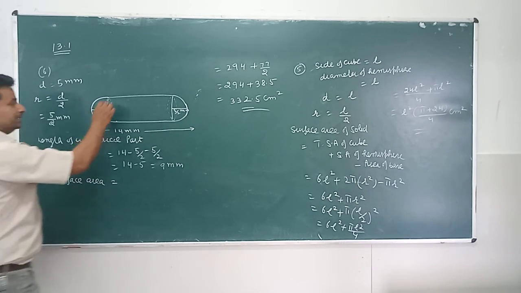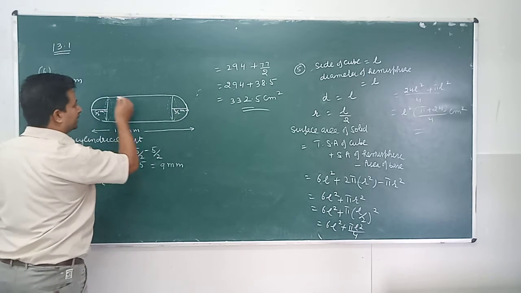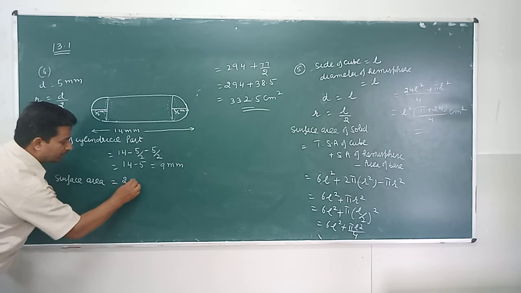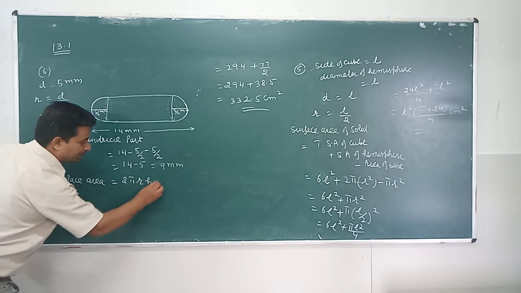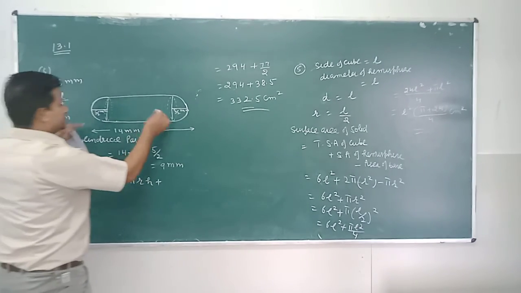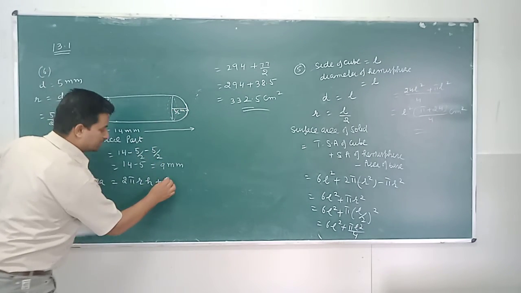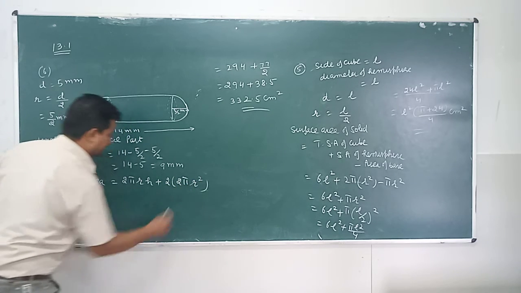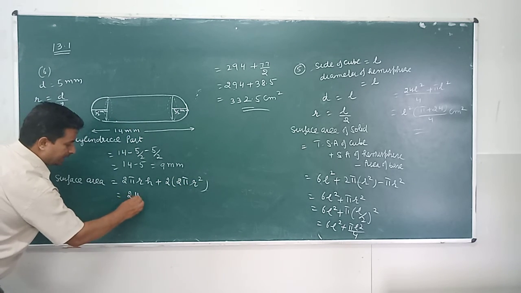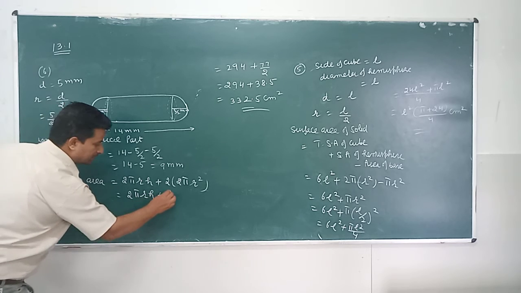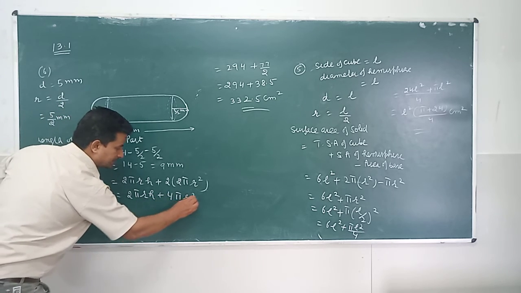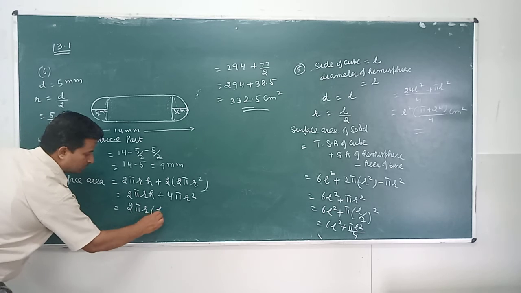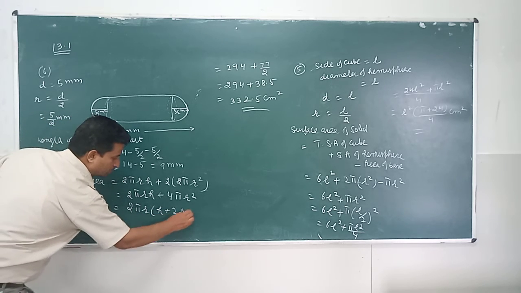This is the curved surface. The curved surface area of the cylindrical portion is 2 pi r h, plus two hemispheres, whose area is 2 into 2 pi r square. So it's 2 pi r h plus 4 pi r square. In this 2 pi r is common, so it's 2 pi r times (h plus 2r).